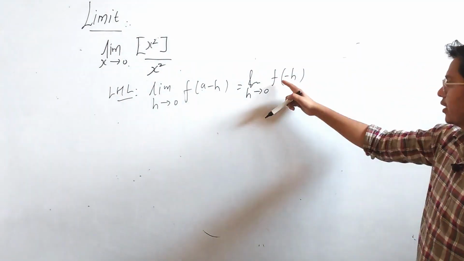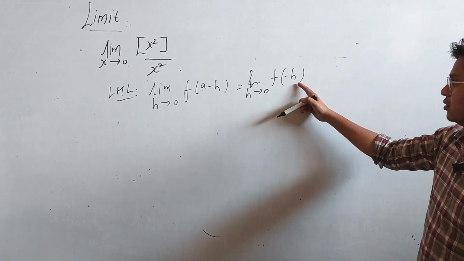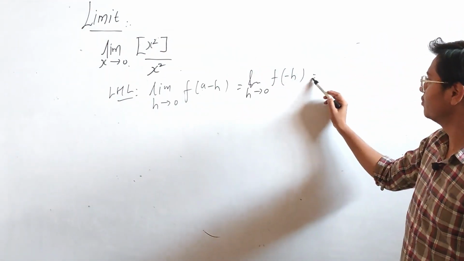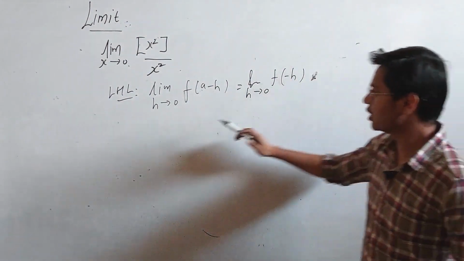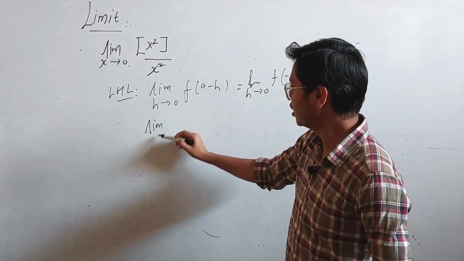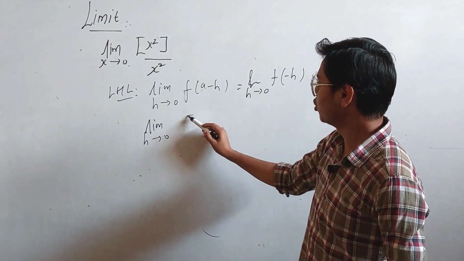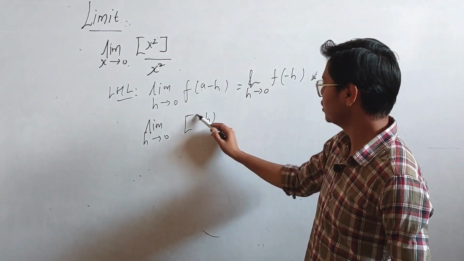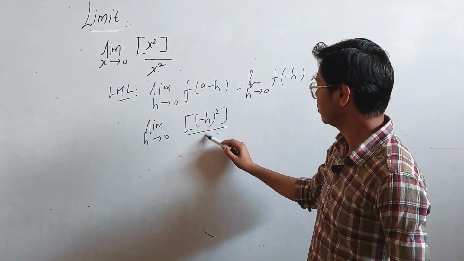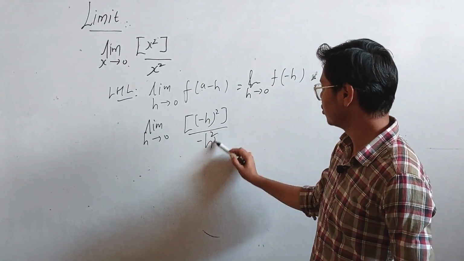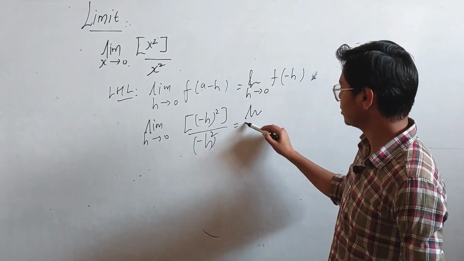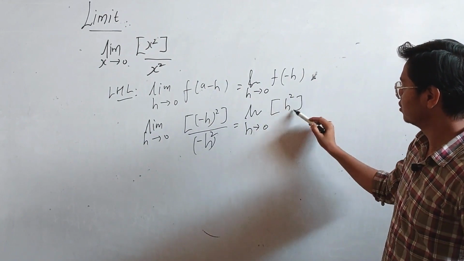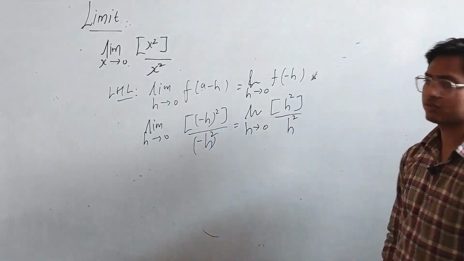So at x is equal to minus h, we have to apply this value on the function, that will become limit h tending to 0 modulus of greatest integer of minus h square divided by minus h whole square. This will become limit h tending to 0 modulus of greatest integer of h square divided by h square.